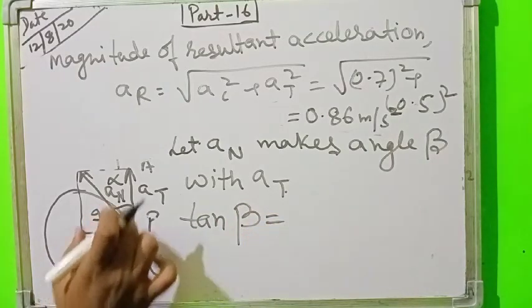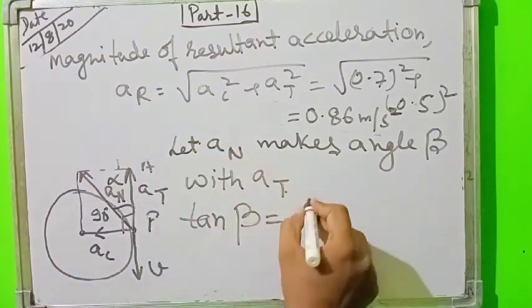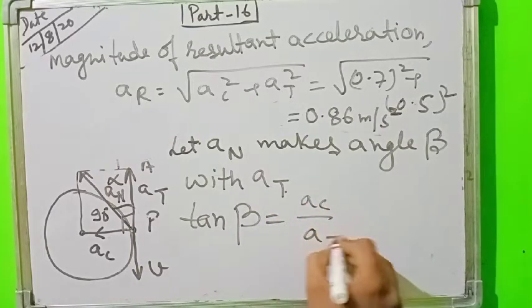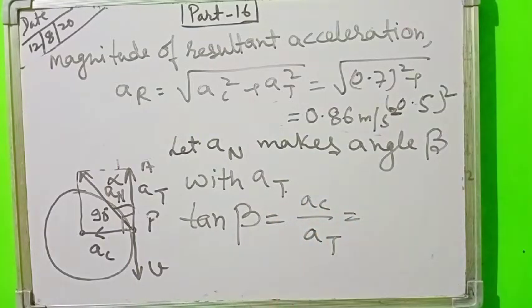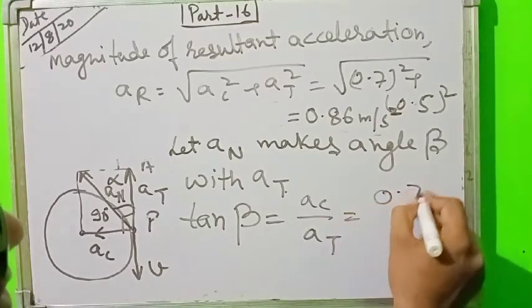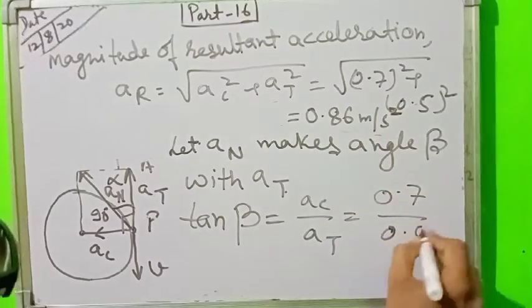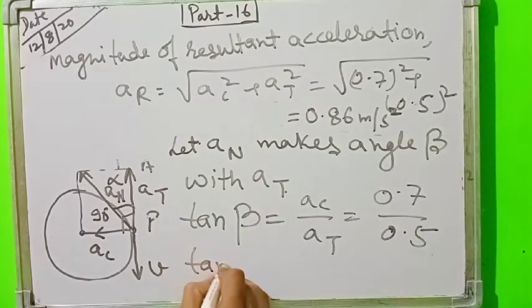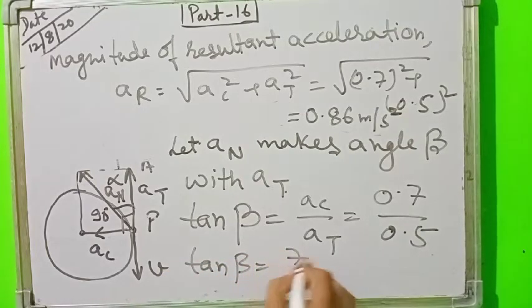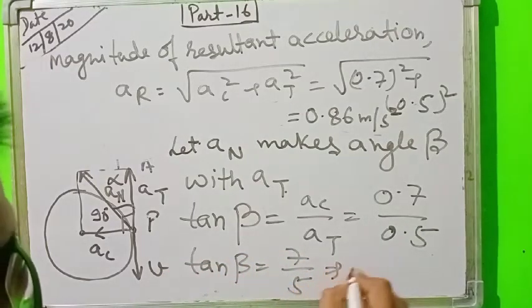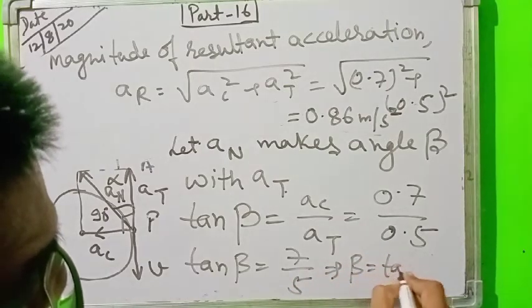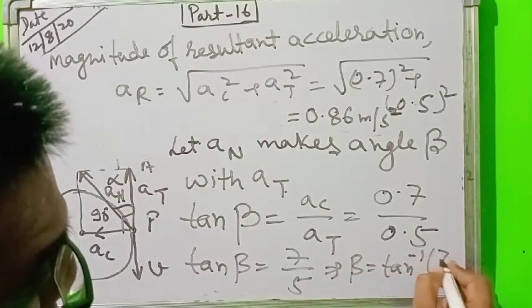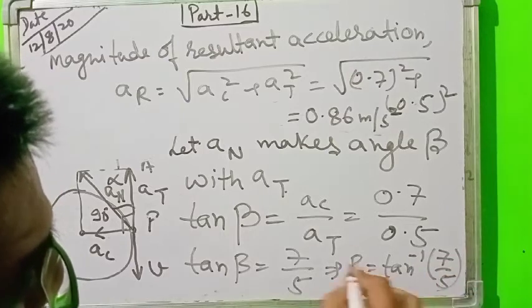to perpendicular upon base, that is AC upon AT, and AC is 0.7 upon 0.5. So tan beta is equal to 7 upon 5, or beta is equal to tan inverse 7 upon 5.